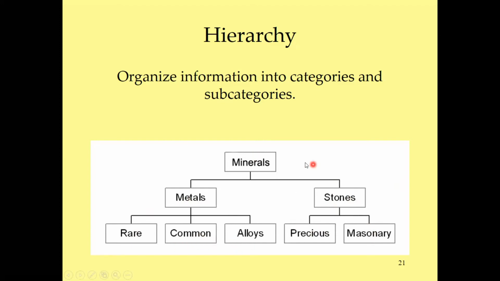So what this does is store that information in separate mental drawers, if you will. So when you need that information, you can mentally go to that drawer, open it, and there's your information.